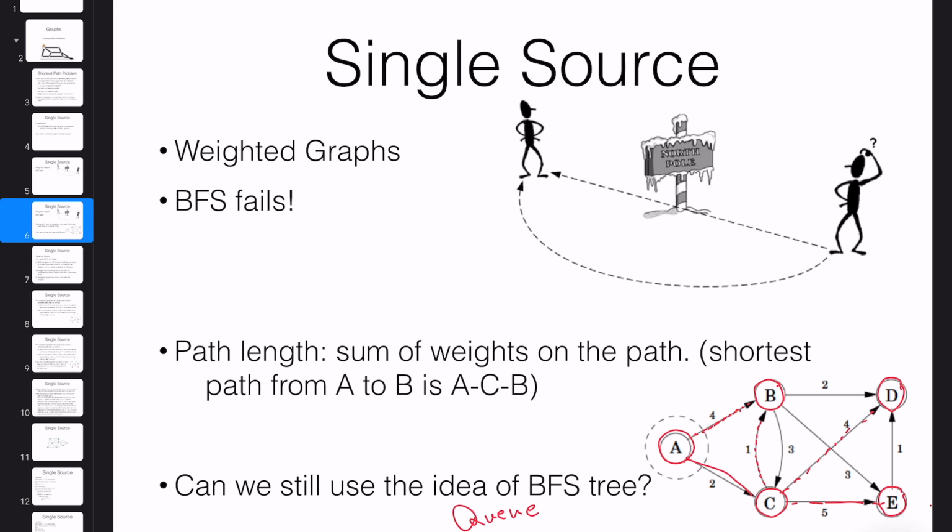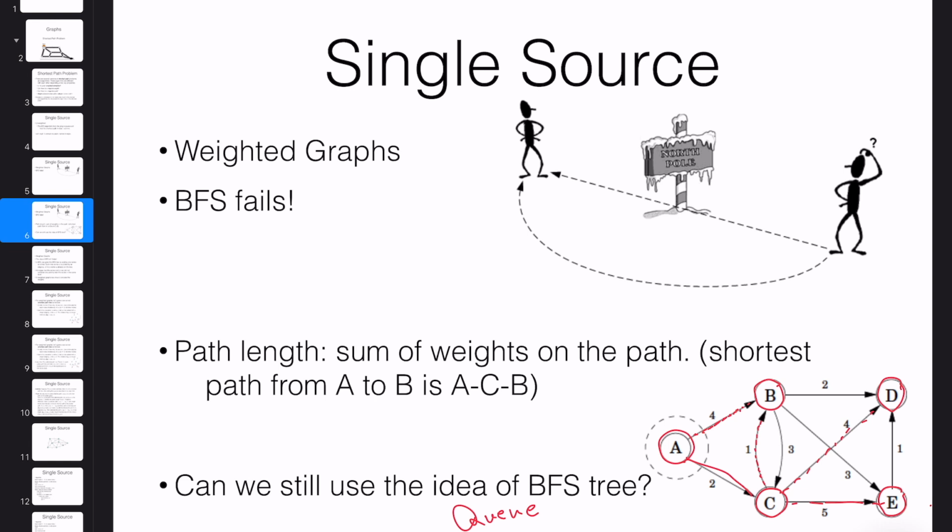Okay, and then in your queue, in the regular BFS, you would remove the next node from a regular queue. Here, from this list of nodes that I keep as a queue, I don't actually care about the order in which the nodes have been enqueued. I will find the node that has the minimum cost, which here happens to be B, right?